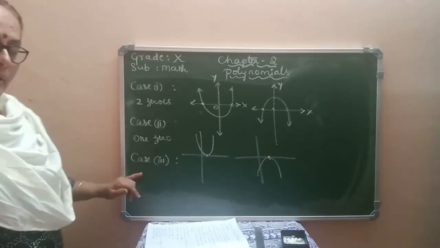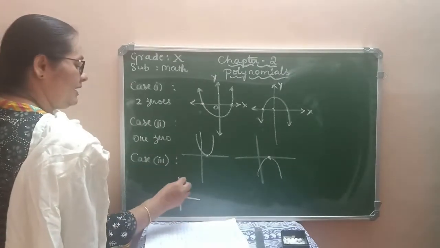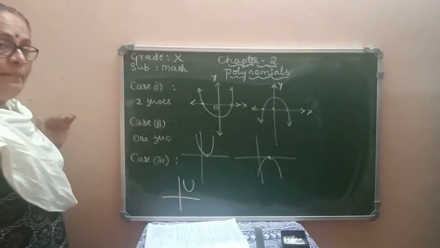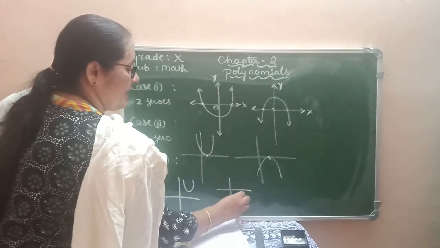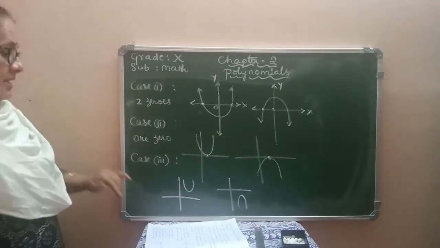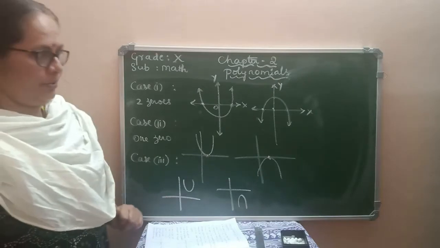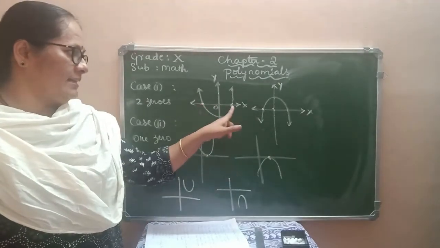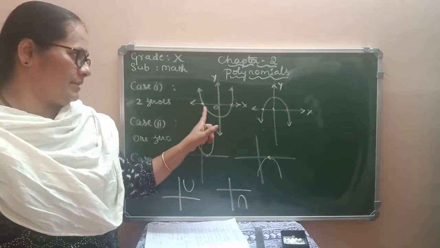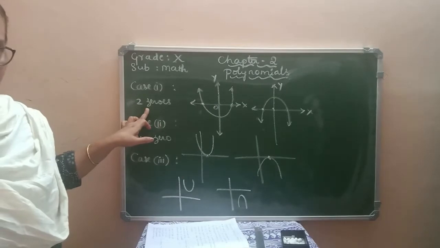Next, third case. Here the parabola does not touch the x-axis, which will be completely above the x-axis or below the x-axis. So in such cases we say that the quadratic polynomial has no zeros.